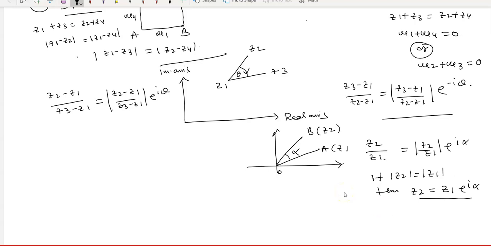Just write in the form of a question. Explain how to represent multiplication of a complex number by I in the Argand plane. What is the result of multiplying a complex number by I in the Argand plane?